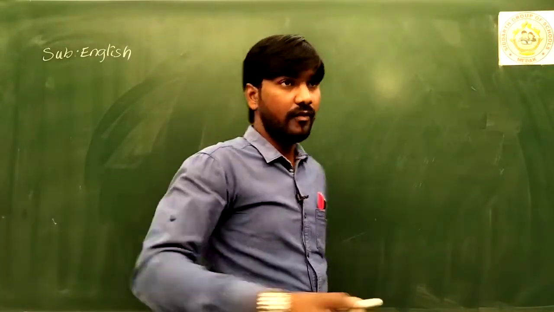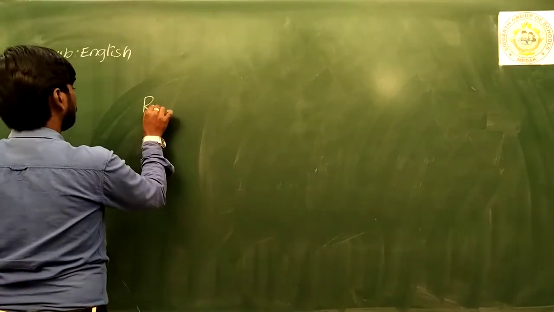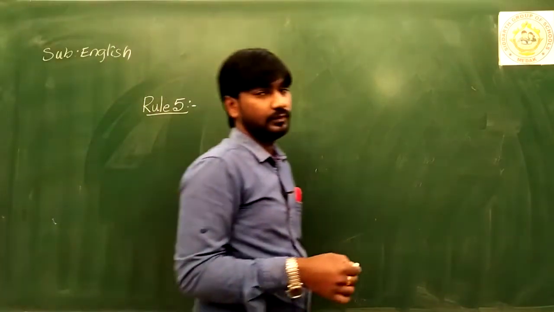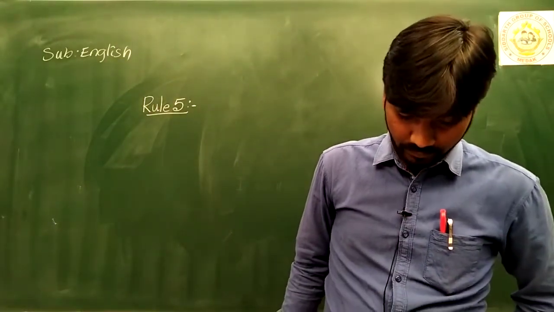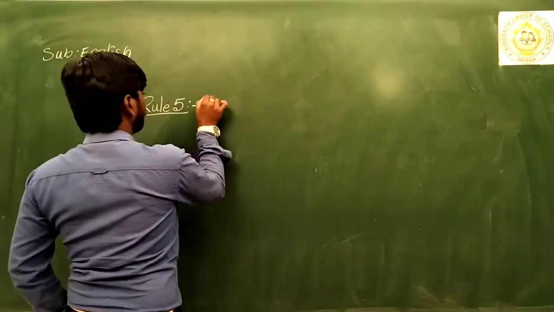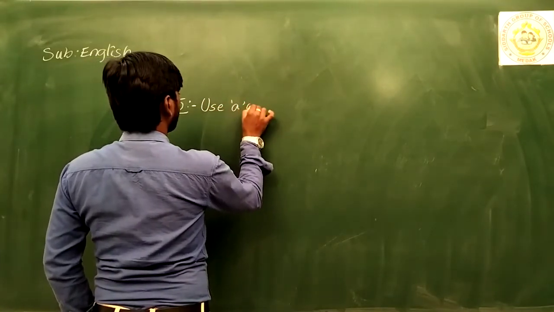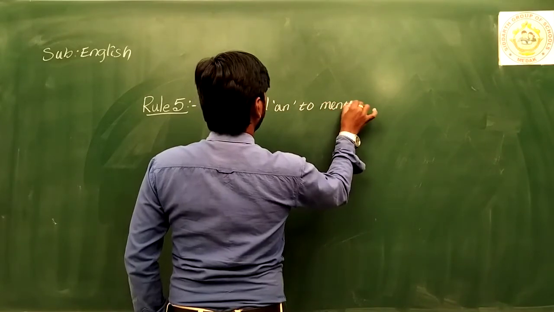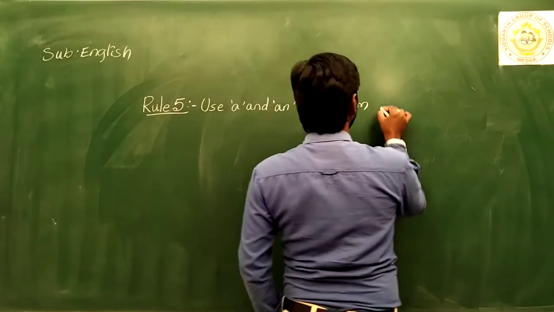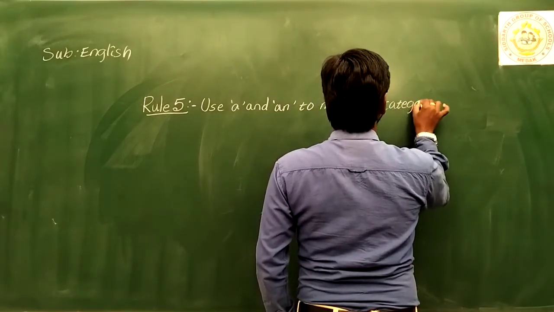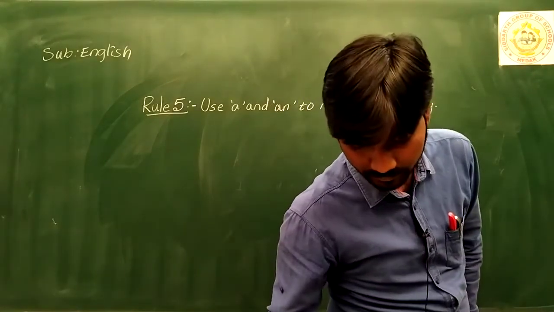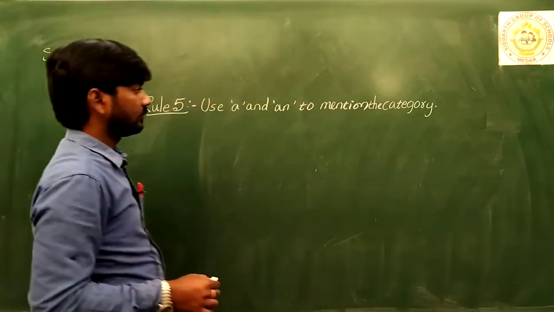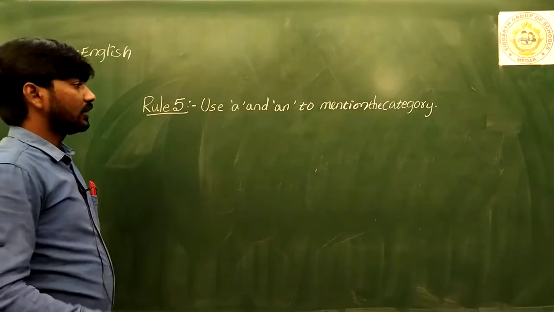Rule number 5: use a and an to mention a category.